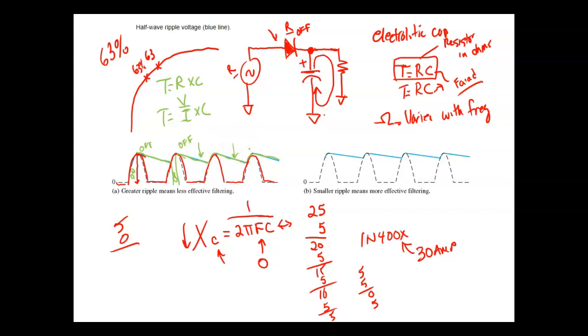So I need to rearrange this formula and solve for V. How would I do that? Because we're trying to solve for the voltage. And this is the actual ripple voltage.